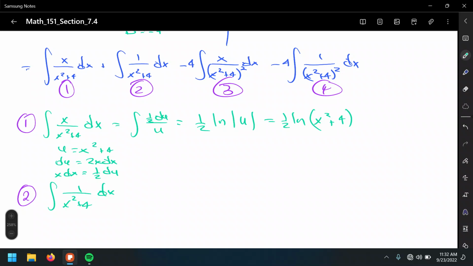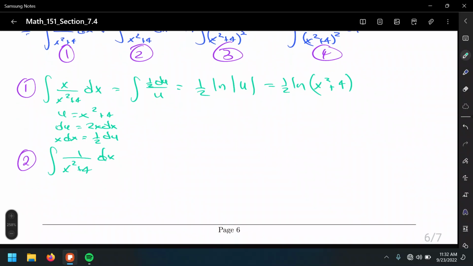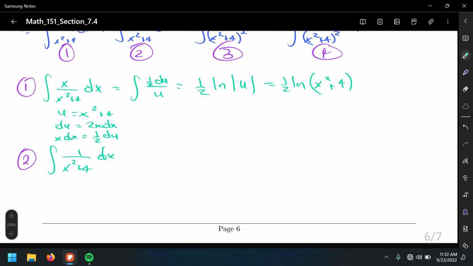Any ideas on how this integral is going to go? By parts? Not by parts. It's the arctangent, the inverse tangent rule. My advice is to look for quantity squared plus quantity squared. What quantity squared equals x squared? What quantity squared equals 4?